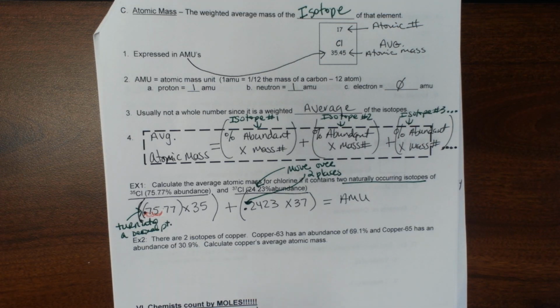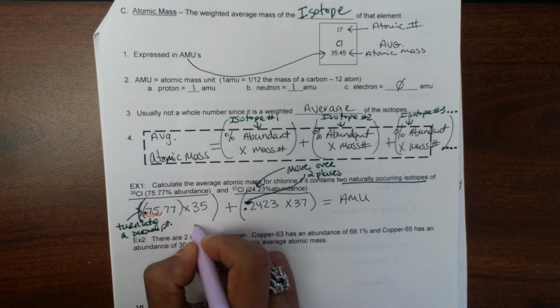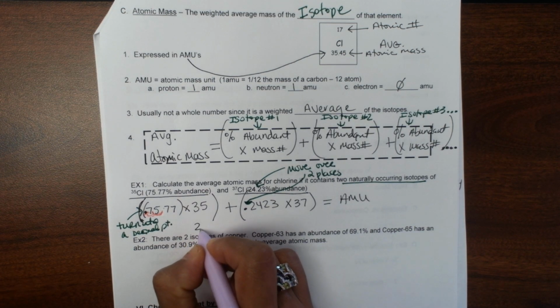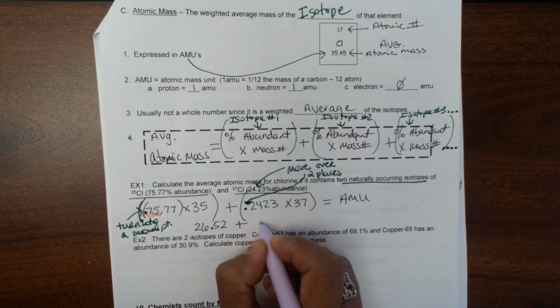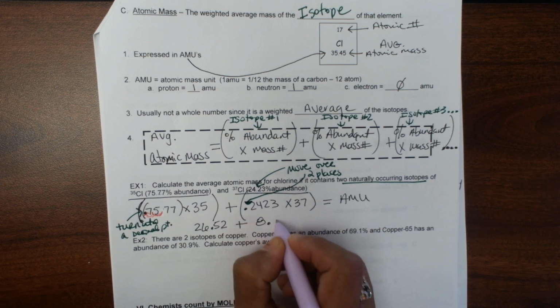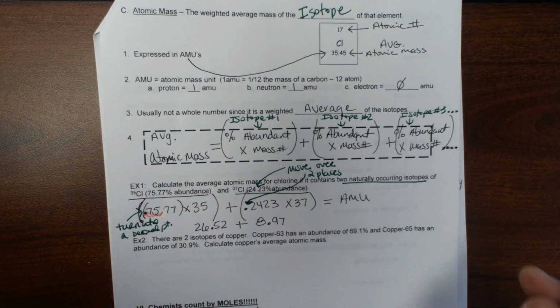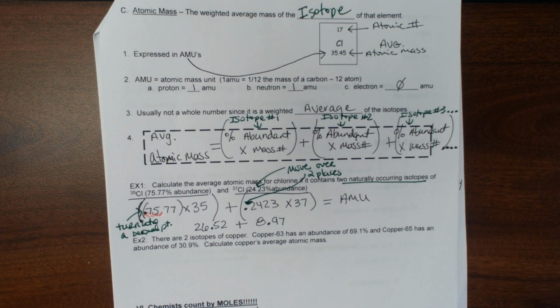If I was you, I would double check me because I am not always right. I'm probably more wrong than I am right. 26.52 plus 8.97. I'm going to pause for a moment.